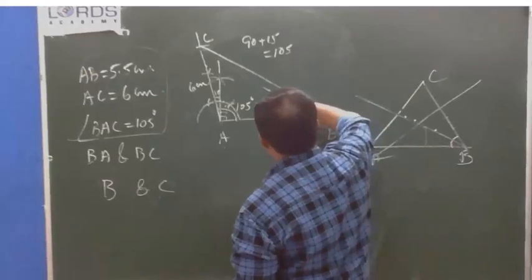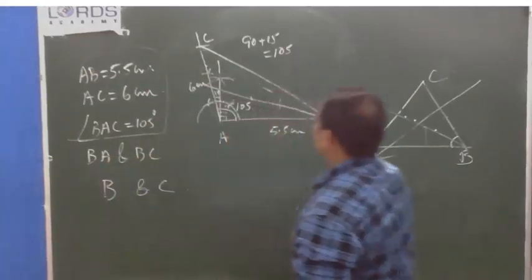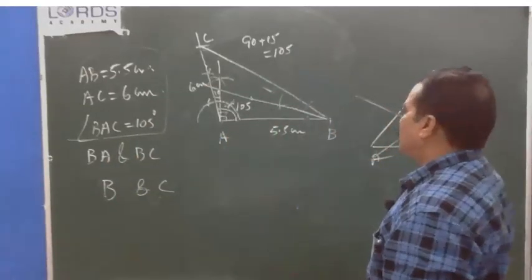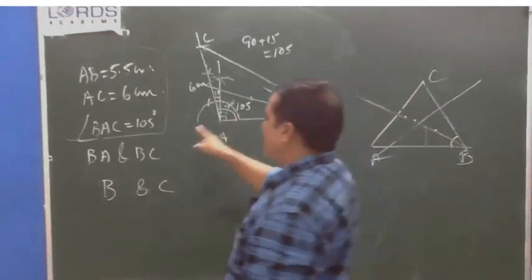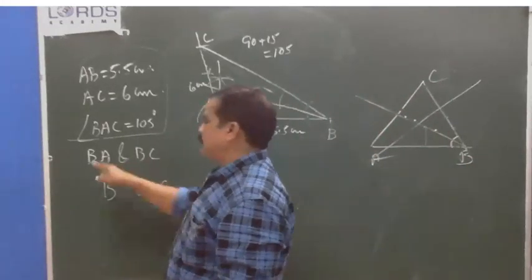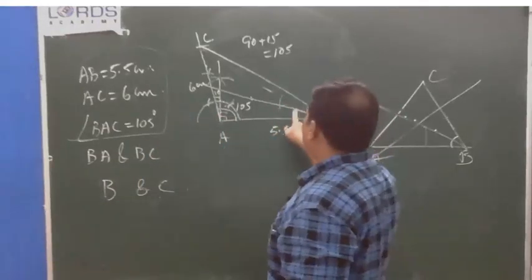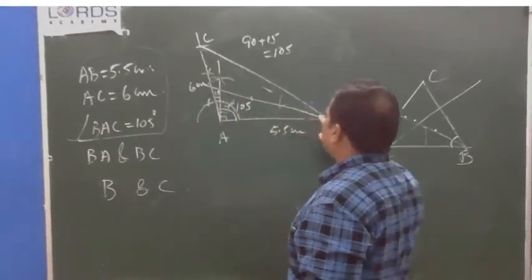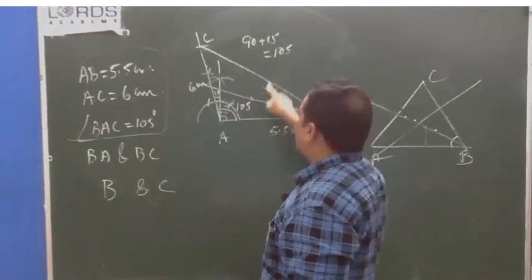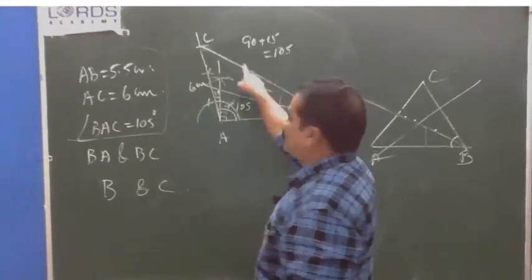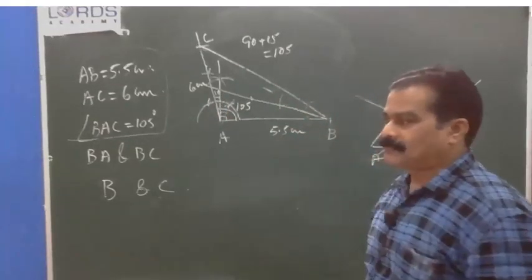You extend that one also. This is the locus of points equidistant from BA and BC. Locus of points is plural, there are so many points on this line. These are equidistant from BA and BC. That is the meaning of that.